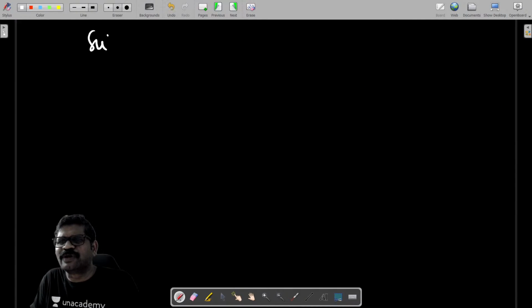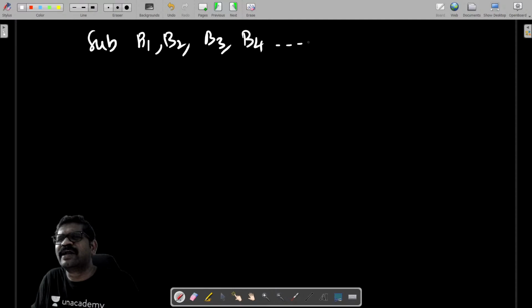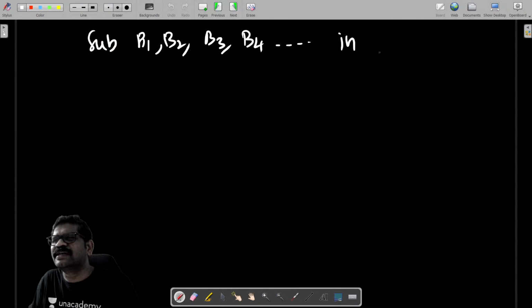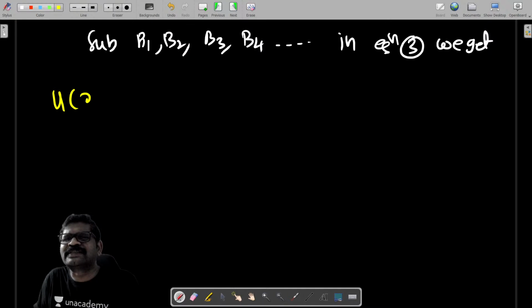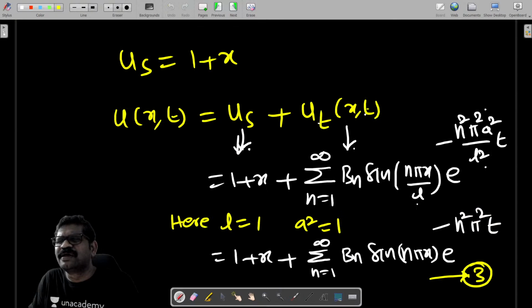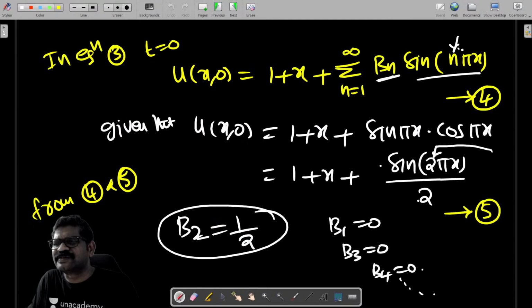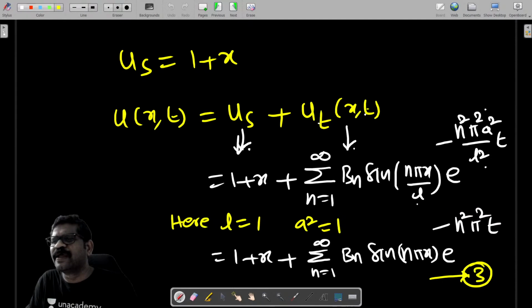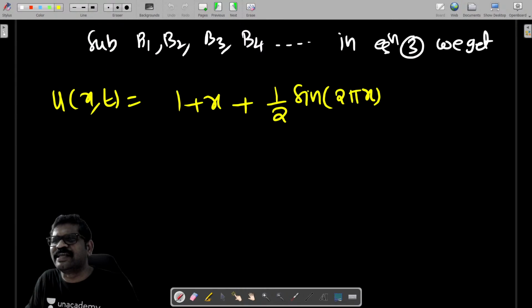Substituting the values of B1, B2, B3, B4 and so on in equation 3, we get u(x, t) = 1 + x + b2, which is 1/2, sin 2 pi x into e^(-2² pi² t), 2 squared is 4, e^(-4 pi² t).